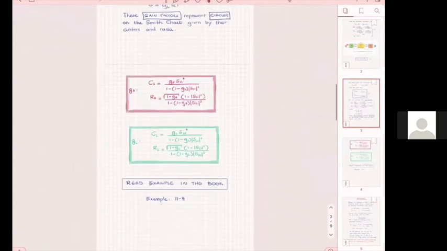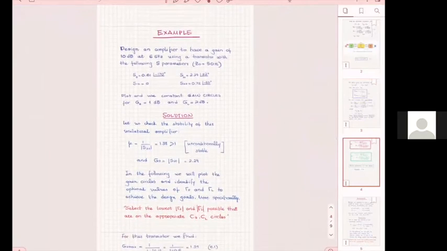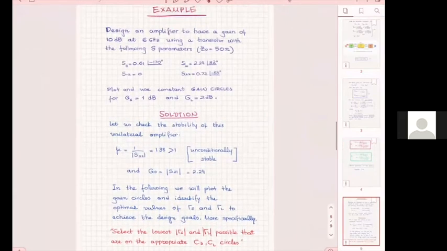Now, what we said last time is we try to design an amplifier to have a gain of 10 dB at 6 gigahertz, and we were given a transistor, and we wanted to see how we were going to do this design.